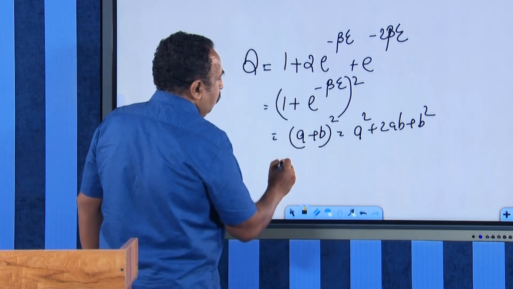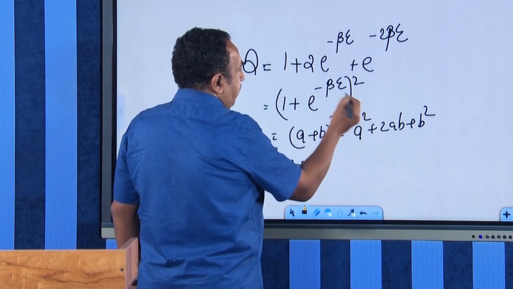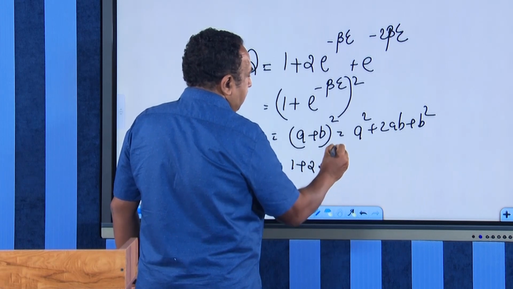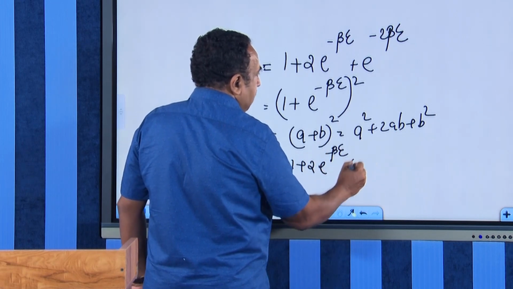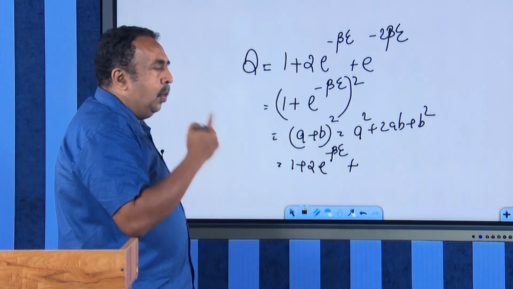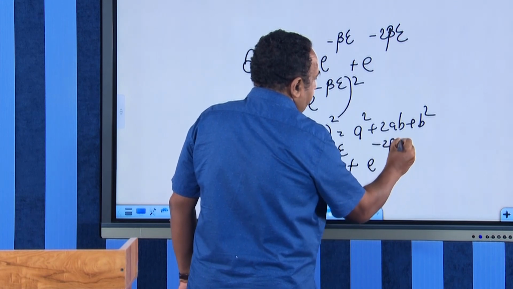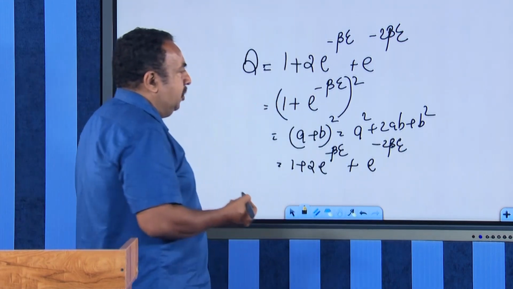Therefore, your a is 1, so 1 plus 2 e raised to minus beta epsilon plus b square. B is e raised to minus beta epsilon whole square, which will be equal to e raised to minus 2 beta epsilon. This is how the question comes.